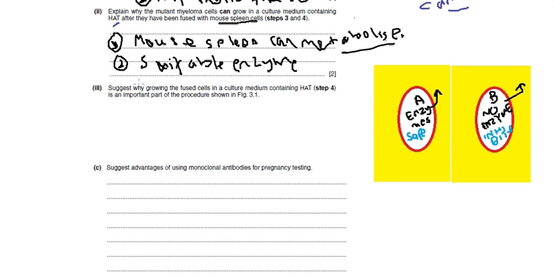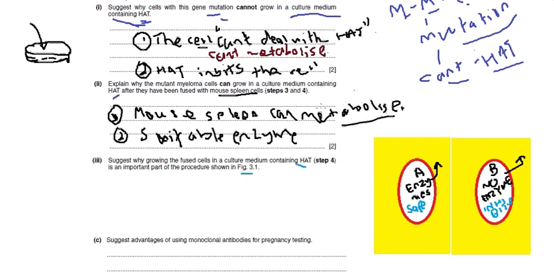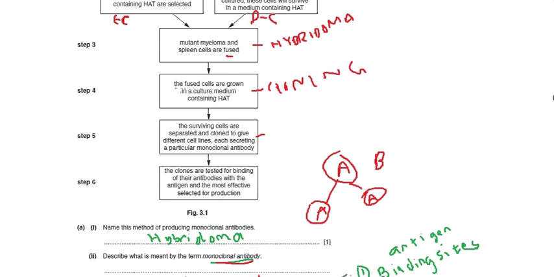Now we have to suggest why growing the fused cell in a culture containing HAT is an important part of the procedure shown in 3.1. Fused cells are grown in a culture medium containing HAT.